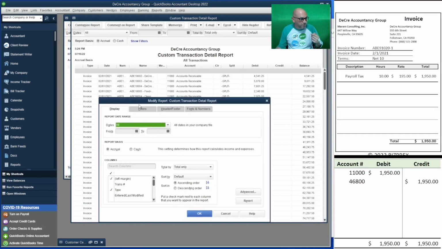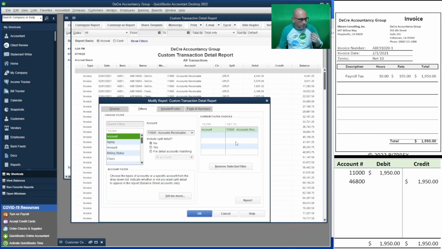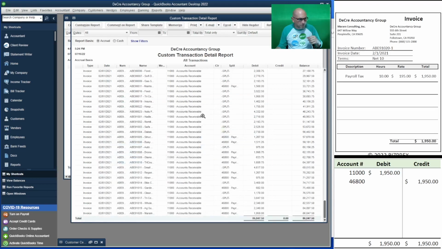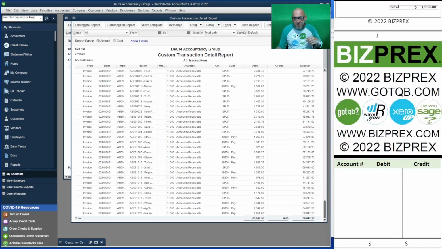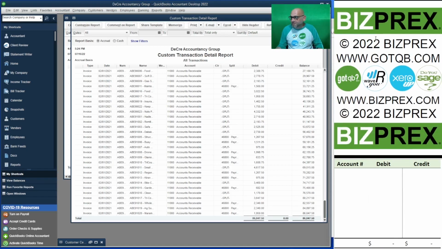If we go and filter our accounts receivable, you can see that we booked $86,000 worth of it, so that's quite a bit. Anyway, now we just have to collect it all, right? And that's what we'll do next. So please stay tuned. We're going to collect this money from our clients.